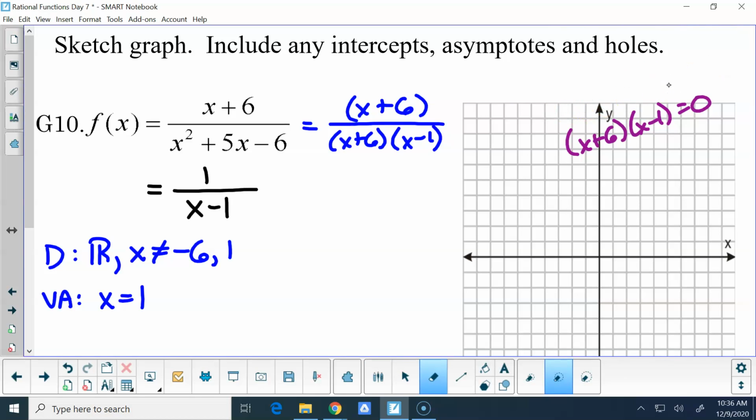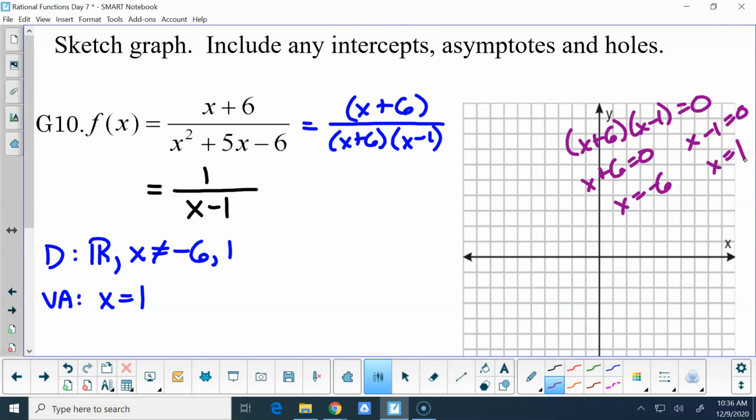Because I factored it already, so I just put my factored form equal to 0. And then I said that x plus 6 equals 0, so that's where I got my -6. And x minus 1 equals 0, so x equals positive 1. Okay? With me?